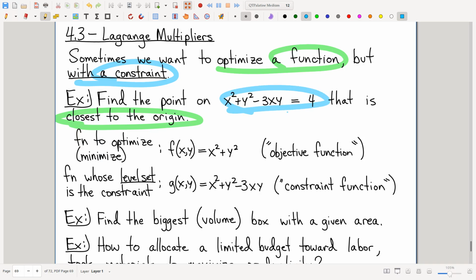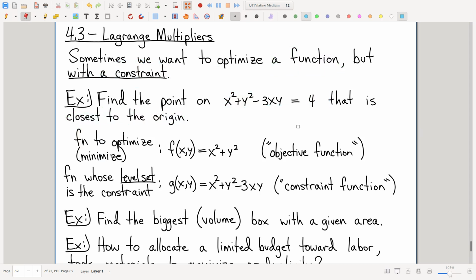I want just the points satisfying that equation, which you see the origin does not satisfy. So the origin is inadmissible. It's not on the table. Now, of these points, which one is closest to the origin? That becomes a much harder question. Does everybody see that? All right.